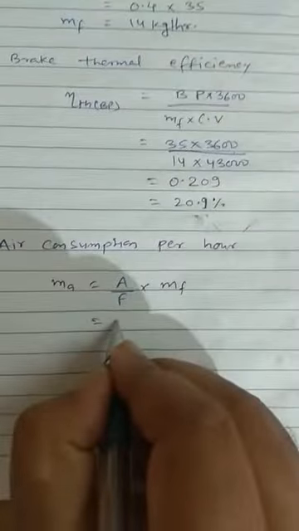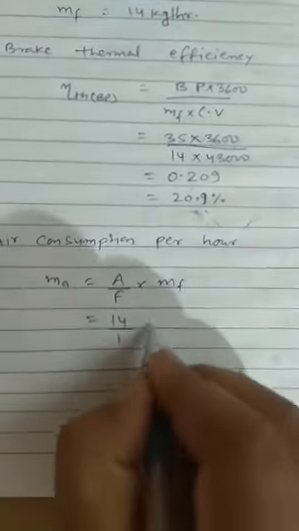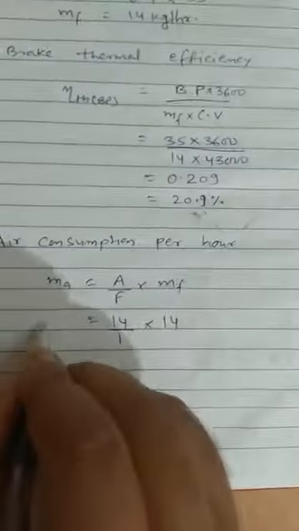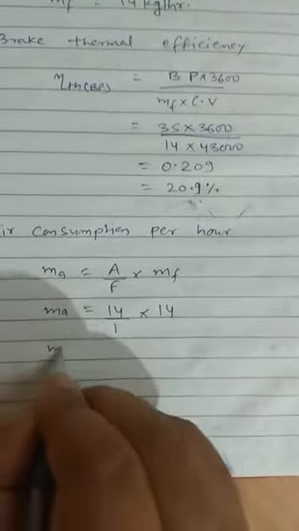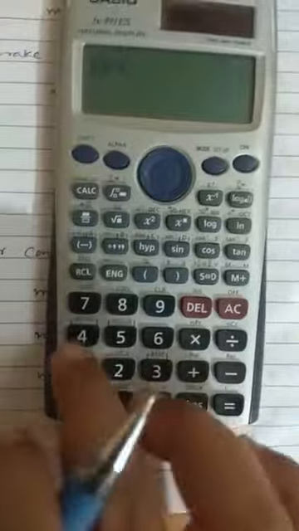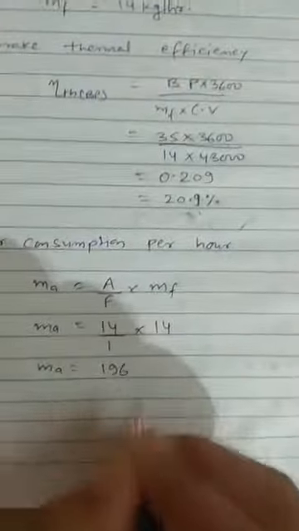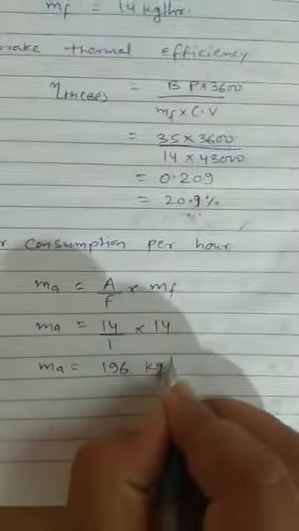So air fuel ratio 14:1 into mass of fuel, which is 14. So this is 14 into 14, meaning 196. So mass of air is 196 kg per hour.